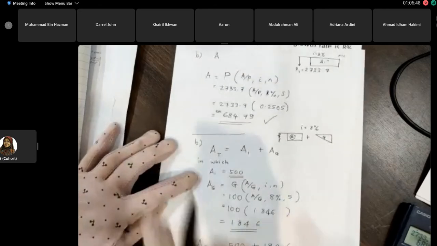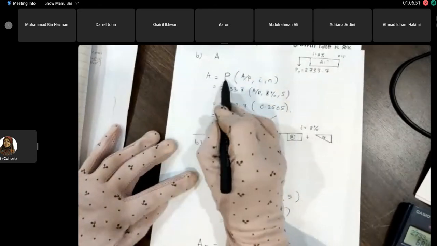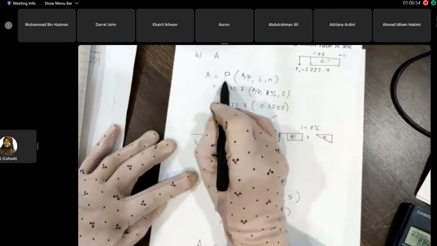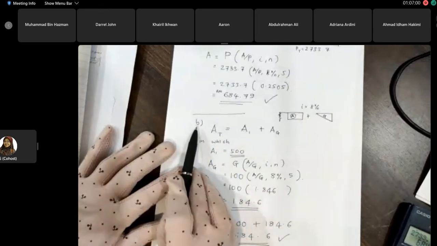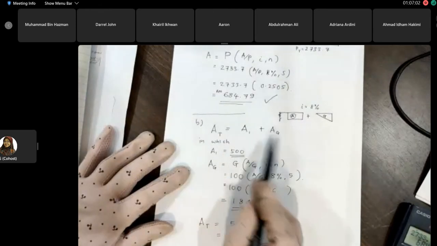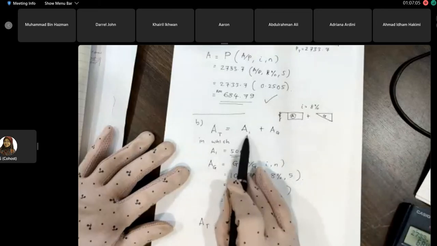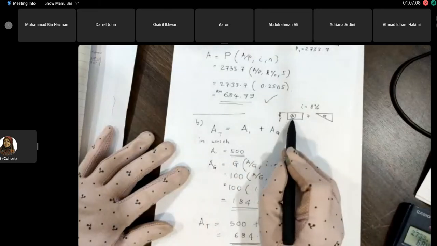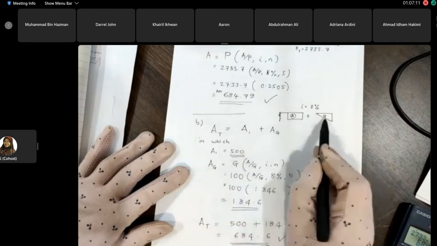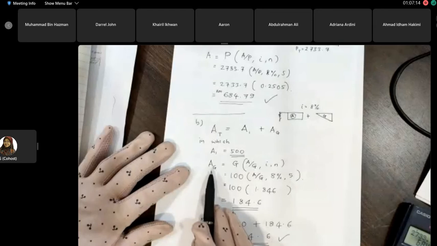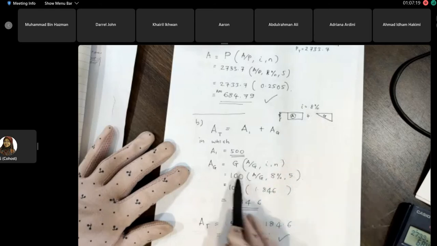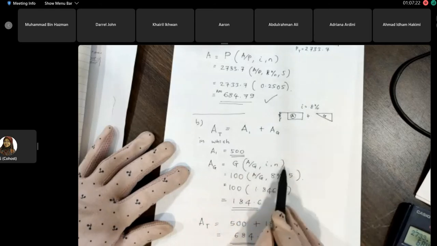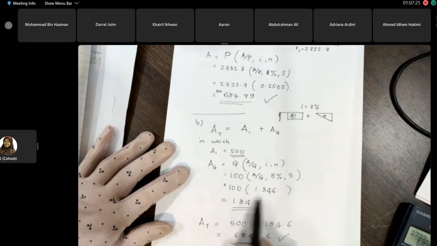For the first one, I just use the P that I got from the first part. For this one, I just use the original question and convert G to A. Since you know G, A equals G times A over G, so 100 times A over G, then plus A1.